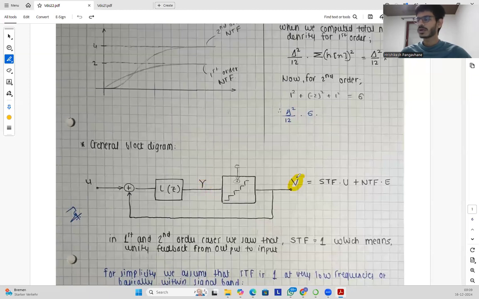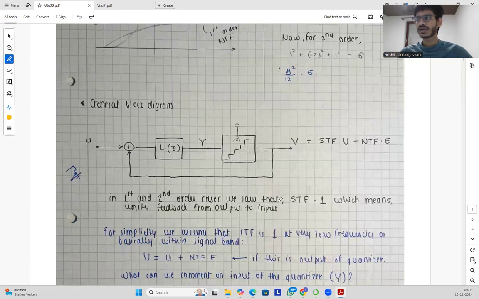So the output of a delta sigma is nothing but the signal transfer function times U coming from input and the noise transfer function times E coming from noise. In first and second order cases, we saw that the STF is basically 1, which means we have a unity feedback from output to input.